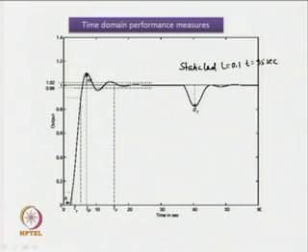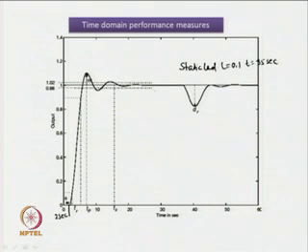What other information we get from this time response of the closed loop system? We see that the response starts after certain time, that is of 2 seconds as expected, because the process has a time delay of 2 seconds. Therefore, its time response starts after 2 seconds.